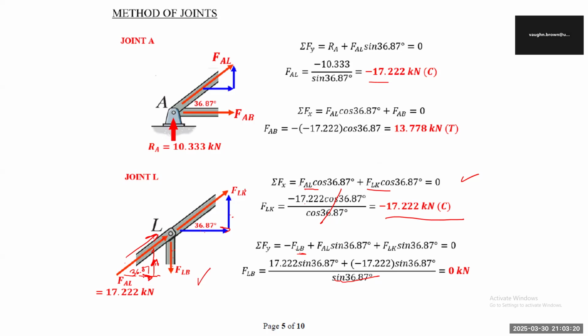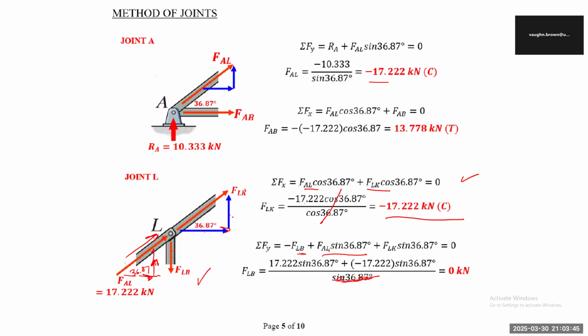Because see, you have this, which is that one there. Then you have this other one here going up, sine, right? So you have sine and sine. Two of them are positive, one minus, so there's no need for any minus here.